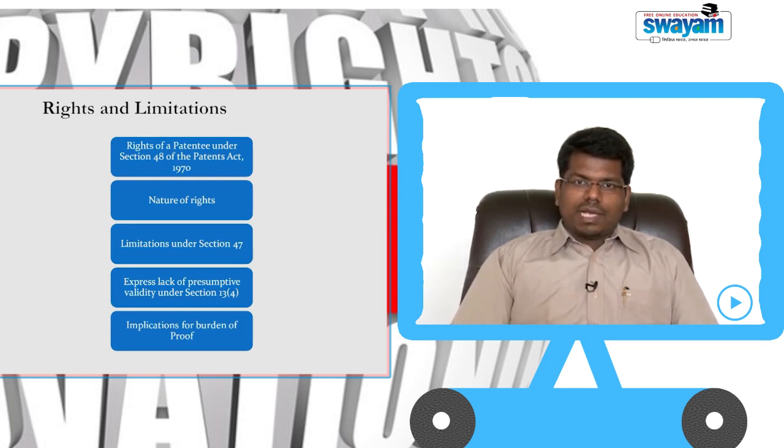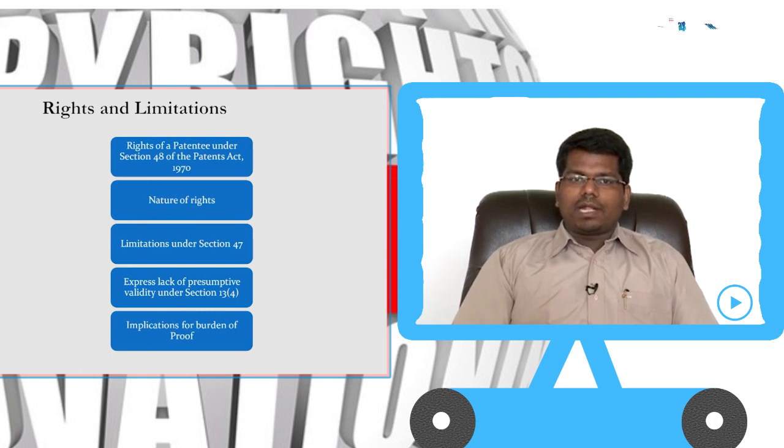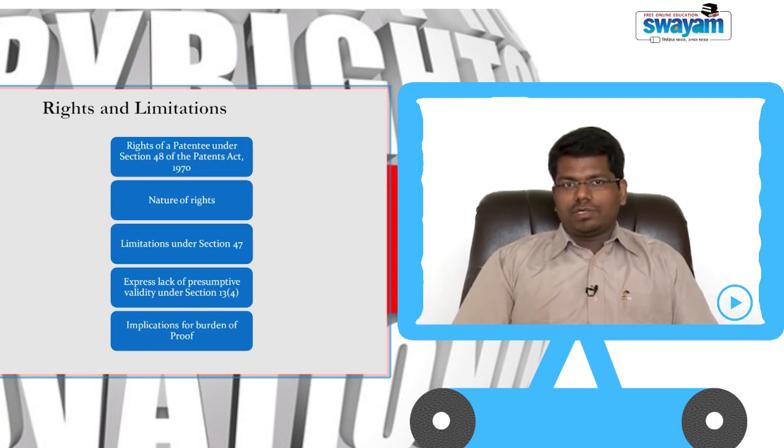This has serious implications in terms of enforcement for a patentee, because even if the patent may have been granted 4 or 5 years after its prosecution and examination by the Patent Office, it does not in any way hand him the ability to claim prima facie validity or presumptive validity.